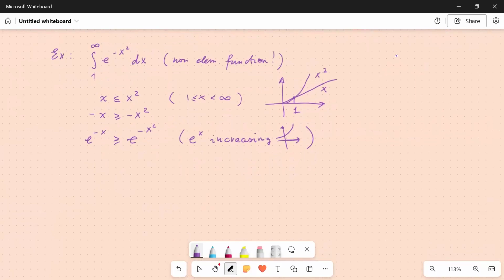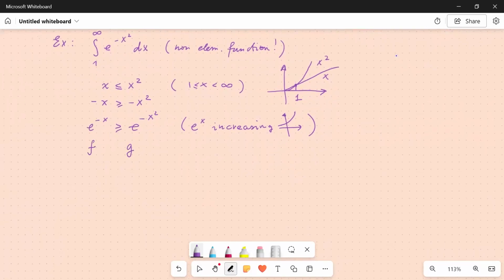Now, what can I tell? I have my function. This is my f, and this is my g, right? Inequality for inequality. Now I'm going to test this one, because I cannot test the other one. I'm going to calculate the integral of e to the power of negative x from 1 to infinity dx. It's going to be the limit, as t approaches infinity, of the integral.